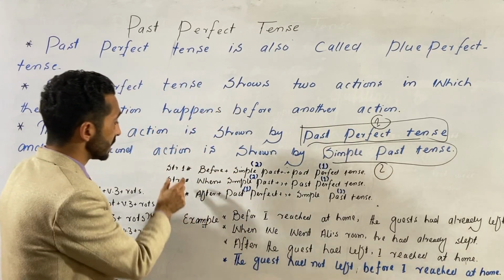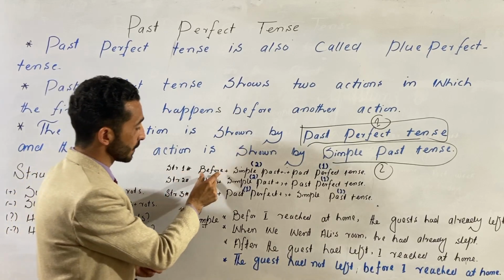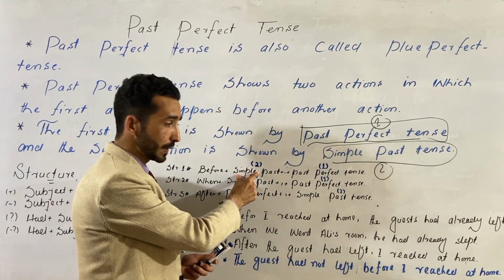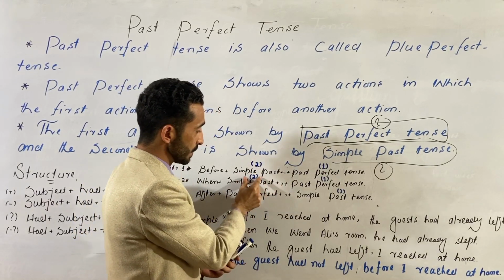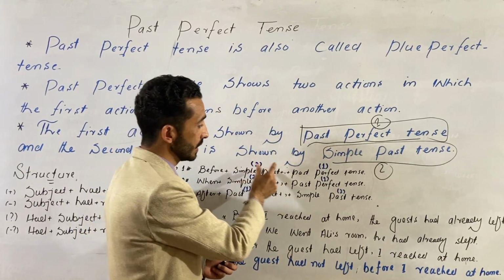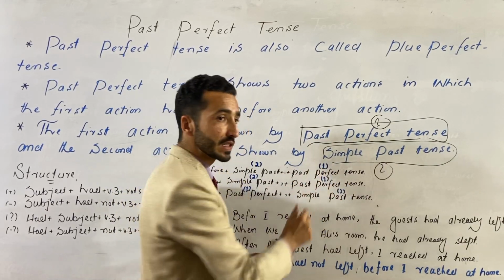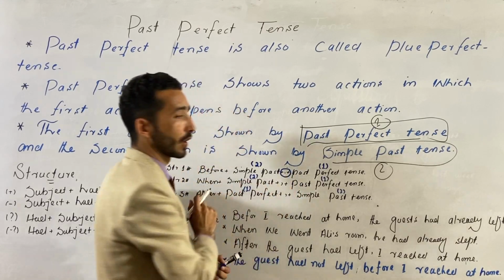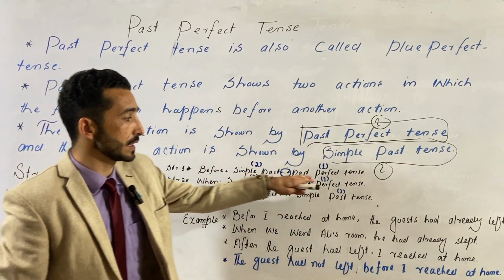In the first structure, first we use the conjunction before, then we use simple past tense. Simple past tense always shows the second action. Then past perfect tense shows the first action, but do not forget to add a comma between simple past tense and past perfect tense.